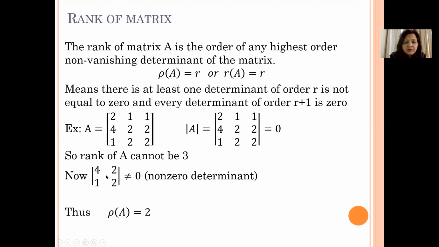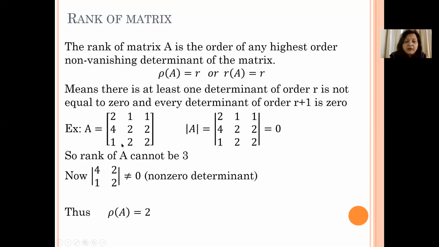Again, if we consider a determinant of order 2 like this, 2, 1, 4, 2, then the value of this determinant will be 0. Also, if we take this determinant of order 2 containing 1, 1, 2, 2 elements, then the value of this determinant is also 0.